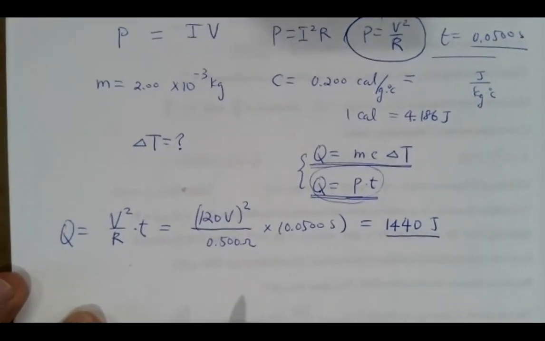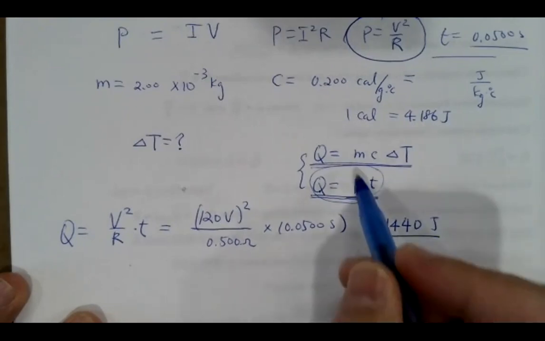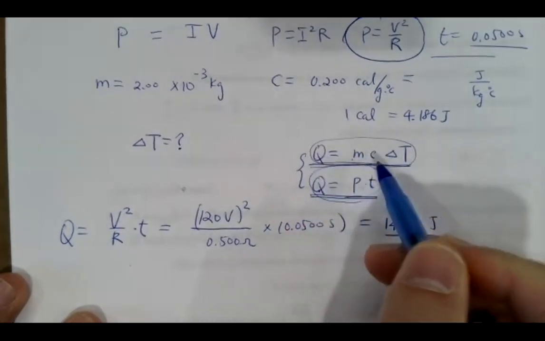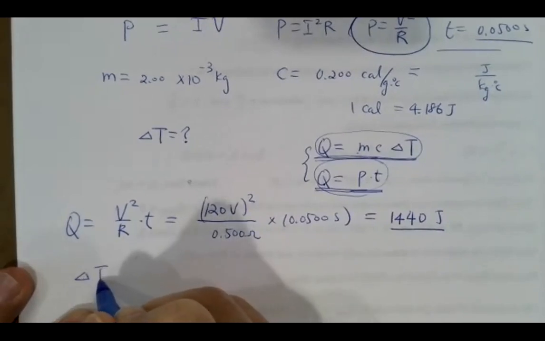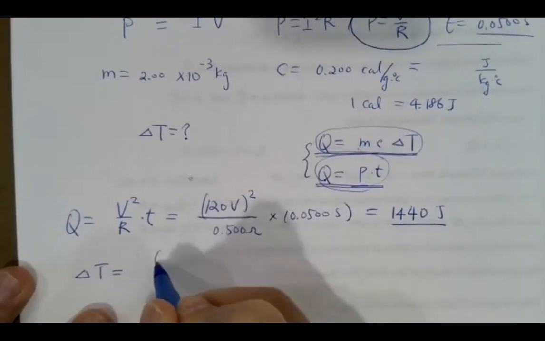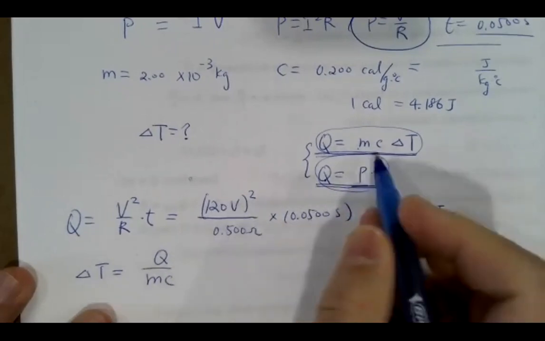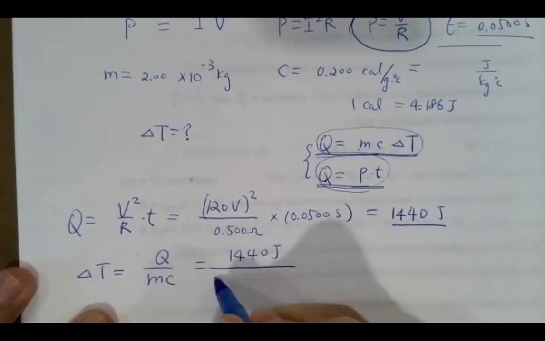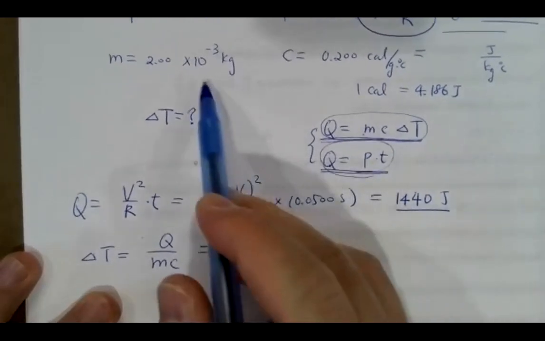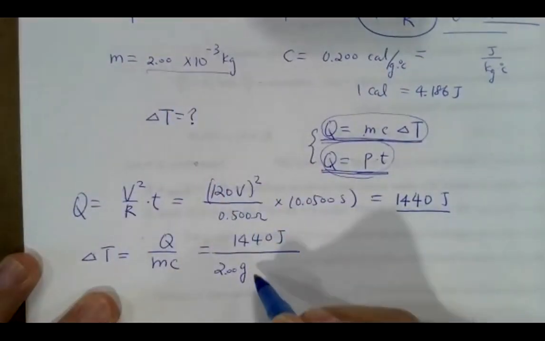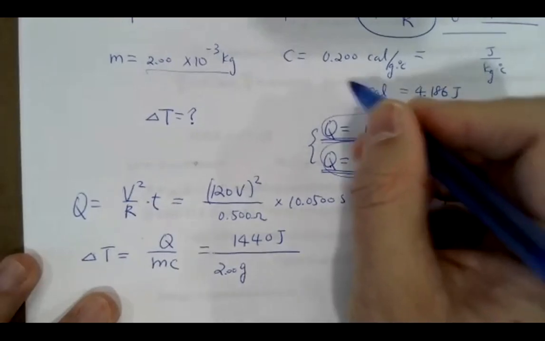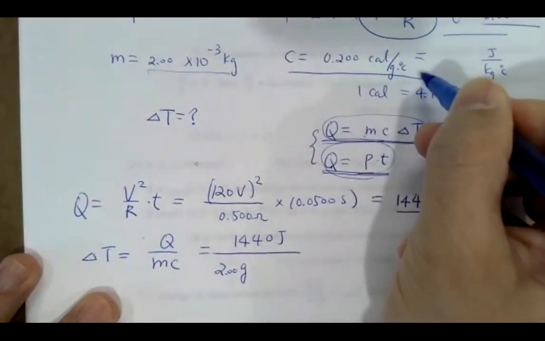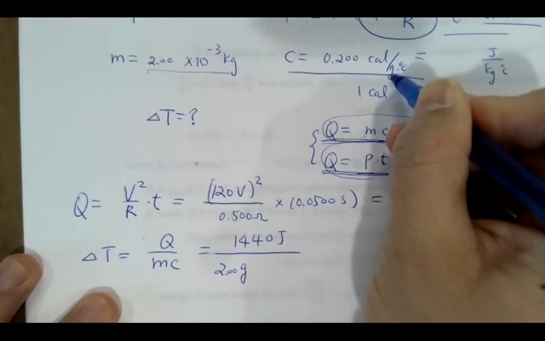Then we can use that to solve for delta T. The increase in temperature of the material will be equal to Q divided by mc. So it's 1440 joules divided by the mass of 2 grams. You can convert into kilograms appropriately, or if you take a look at the specific heat capacity given, this is in grams, so in this case you do not necessarily have to convert that.